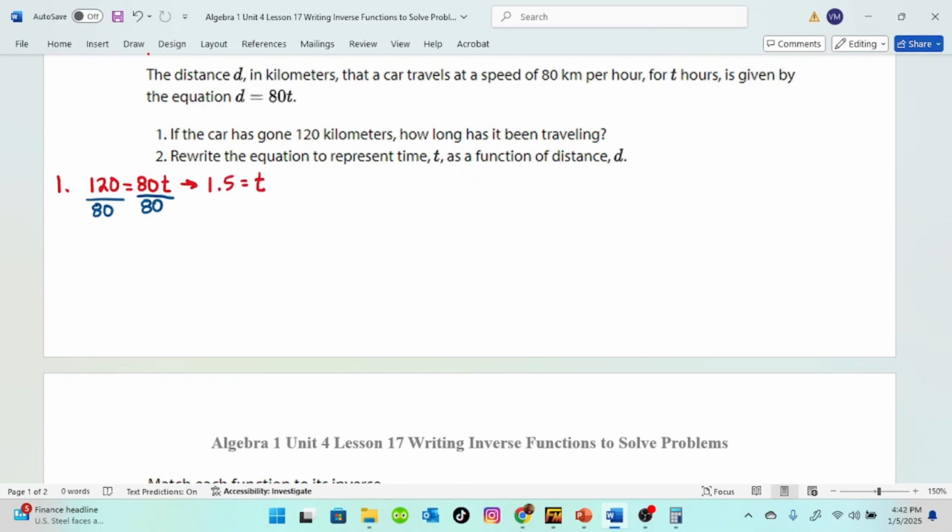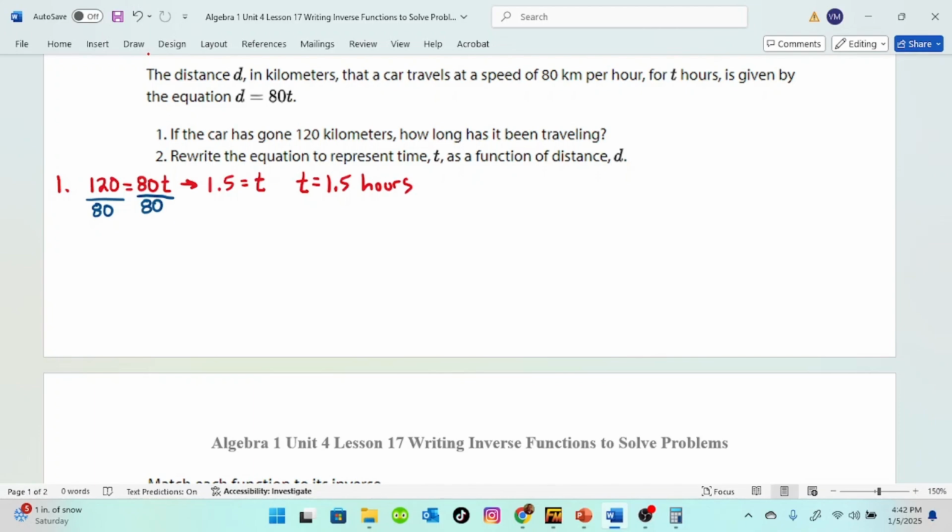So this is 1.5, and since we're talking about t, and t is in hours, t equals 1.5 hours.